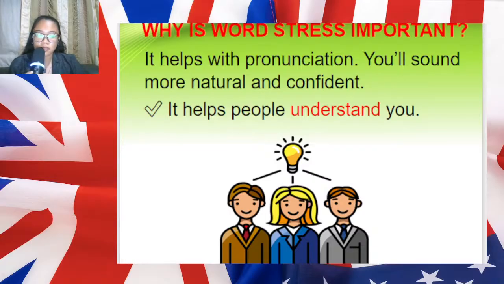Because if we understand that something is really important, we tend to get motivated to learn about it, right? So we should be familiar with why word stress is important.